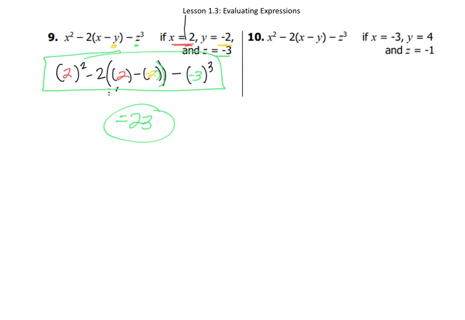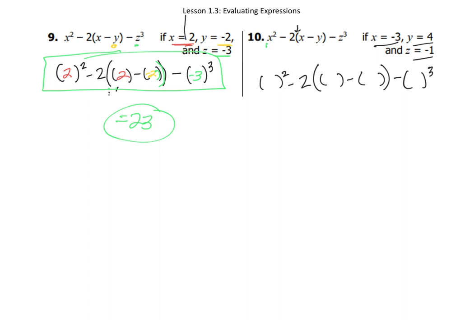Okay, number 10, we have the same expression, but we've assigned different values. This time we're saying x is -3, y is 4, and z is -1. Let's see how that changes our answer this time. So x, so parentheses squared, minus 2, parenthesis because of what came after the 2, and then we have x, so I have another set inside, minus y, close it all up, minus z, parentheses cubed.